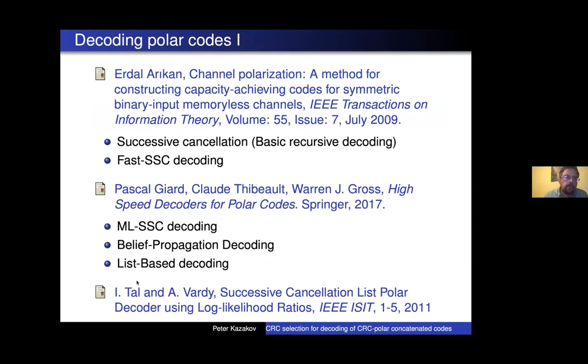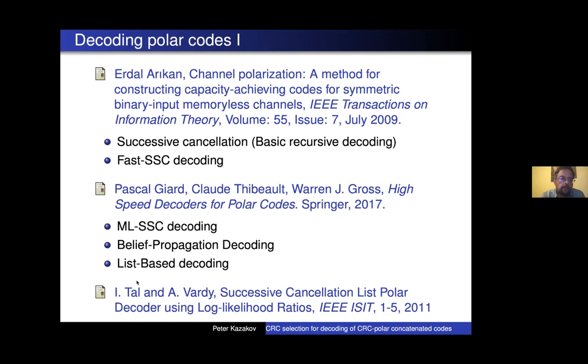The big problem for polar codes is the decoding of polar codes. There are various papers on this subject. The initial one is Arikan, a method for constructing capacity-achieving codes. Then we have successive cancellation, fast SSC decoding.